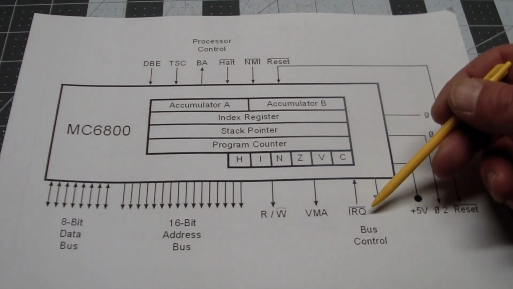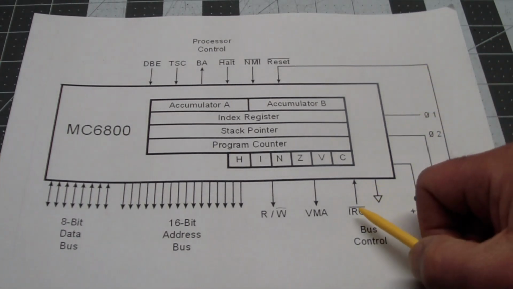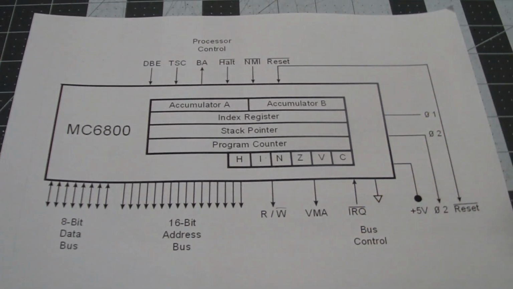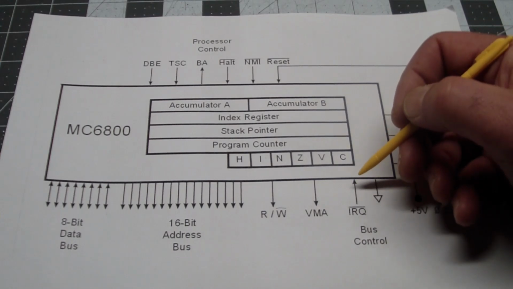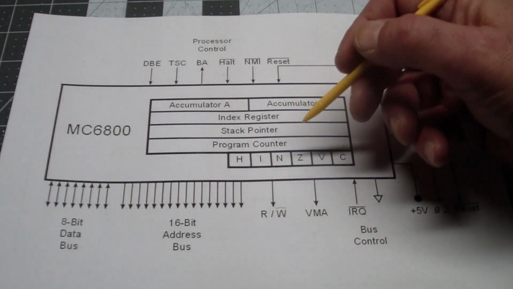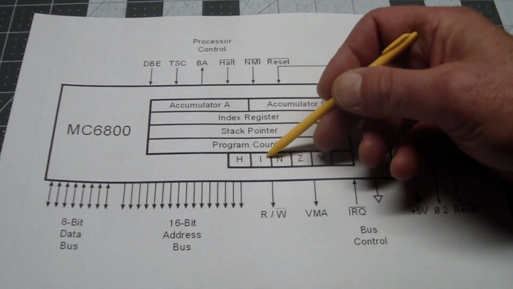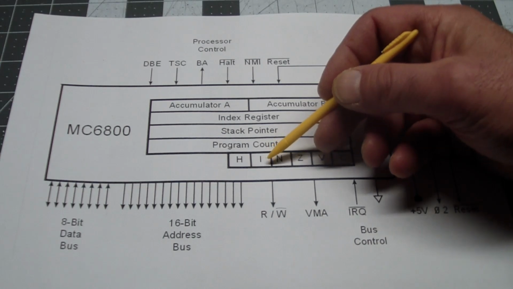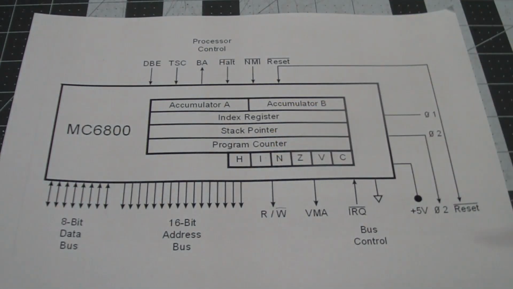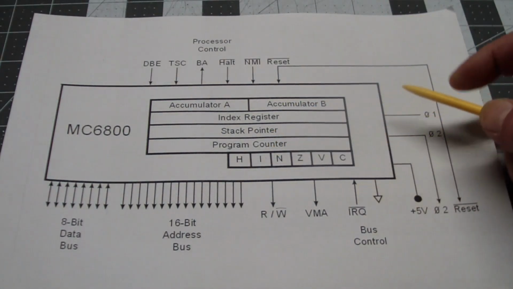The IRQ is maskable. What that means is, we're jumping ahead a little bit here, but there's a flag inside the processor, the I or the interrupt mask, and if the interrupt mask is set to 1, an IRQ has no effect.